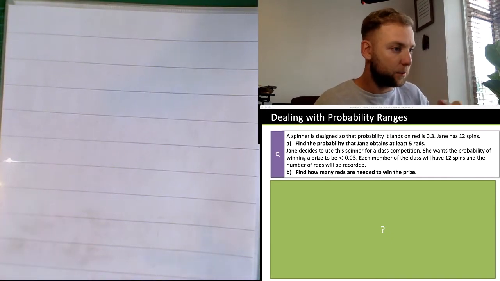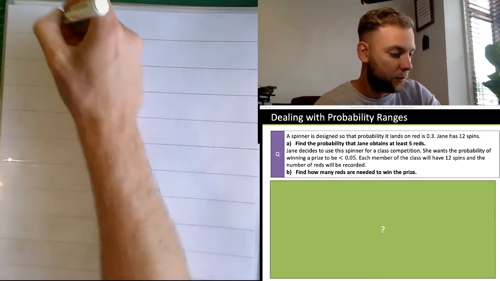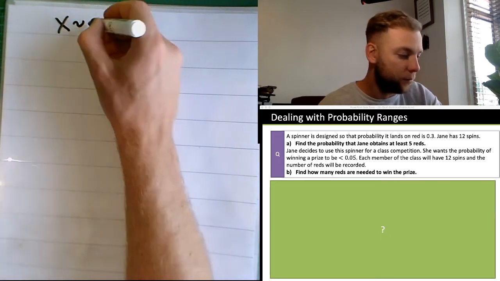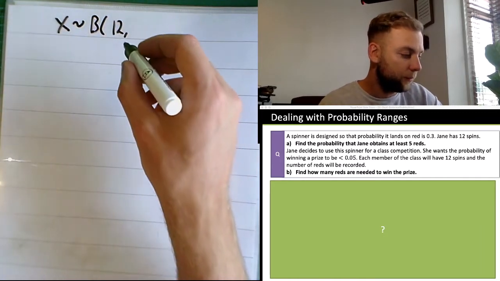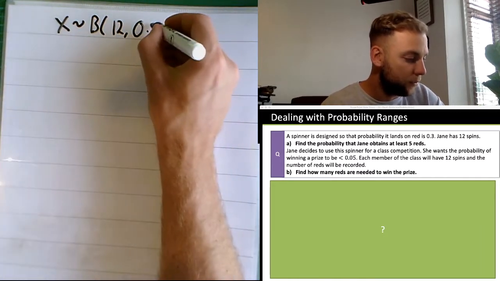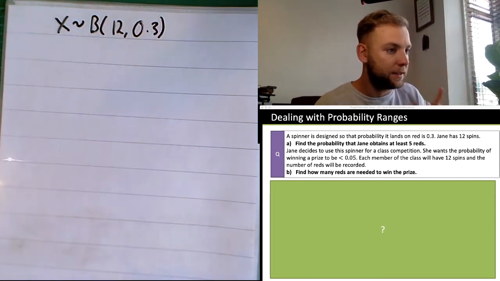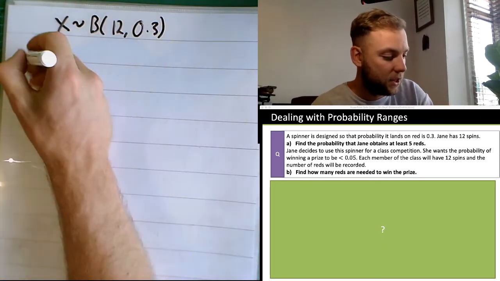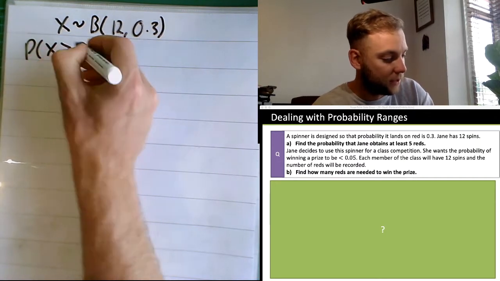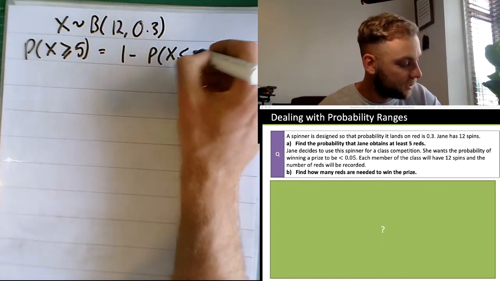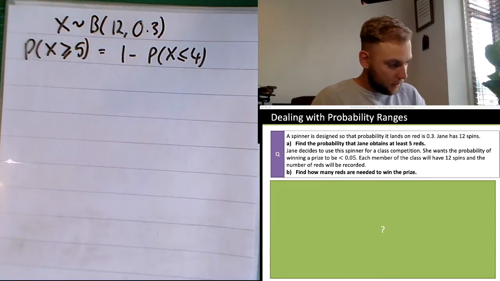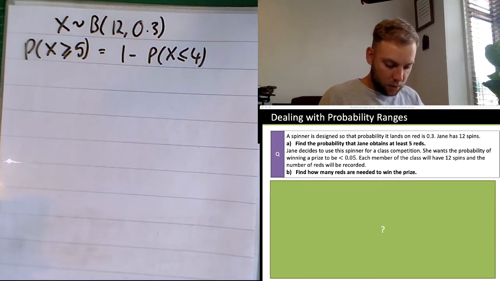So a spinner is designed so the probability that it lands on red is 0.3, and it has 12 spins. So we've got a random variable X which follows a binomial distribution with 12 trials and a probability of 0.3. Find the probability that Jane obtains at least 5 reds. So we want greater than or equal to 5, which we know is the same as 1 minus the probability that x is less than or equal to 4. Menu 7, binomial CD, variable.